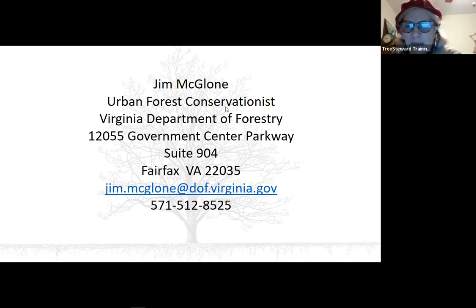All of the tree stewards, if you look in your packet, you've got a mature tree care poster that tree stewards developed under a grant, and it talks about using certified arborists and how to reach them. So there's information in there, as well as a photo of this dog that I love. And it says, you wouldn't let just anyone operate on your dog. Why would you let them on your tree?